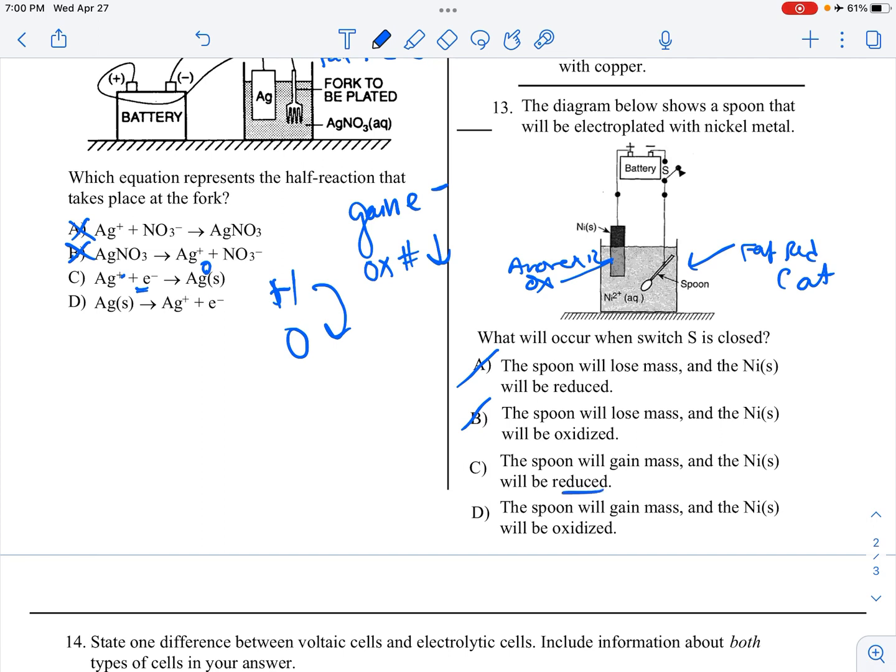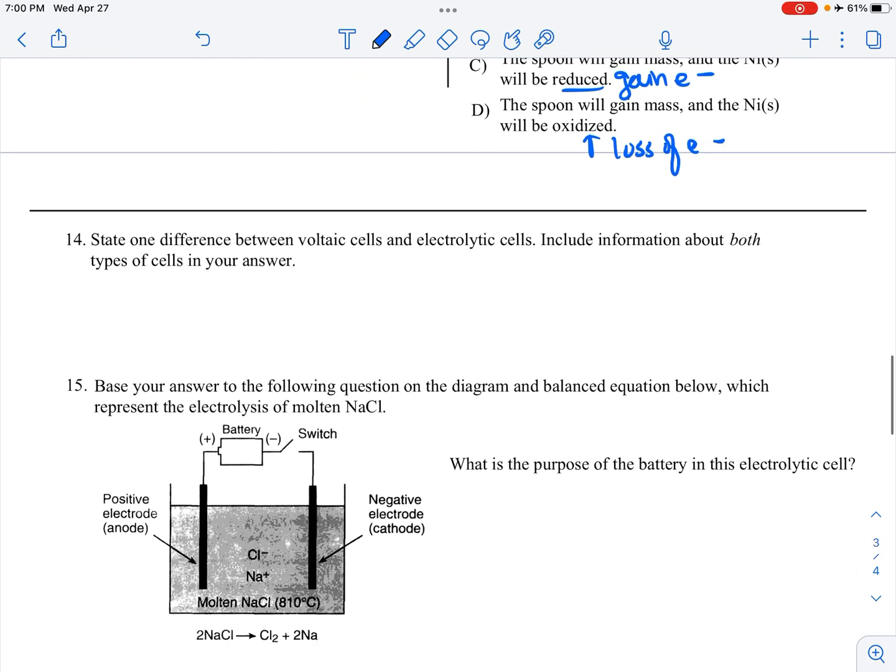Reduction does not mean losing. That's how they're going to try to get you. Remember, reduction means gain of electrons, and the charge is reduced. So the spoon will gain mass and the nickel will be oxidized. That means loss of electrons. So it's choice D.